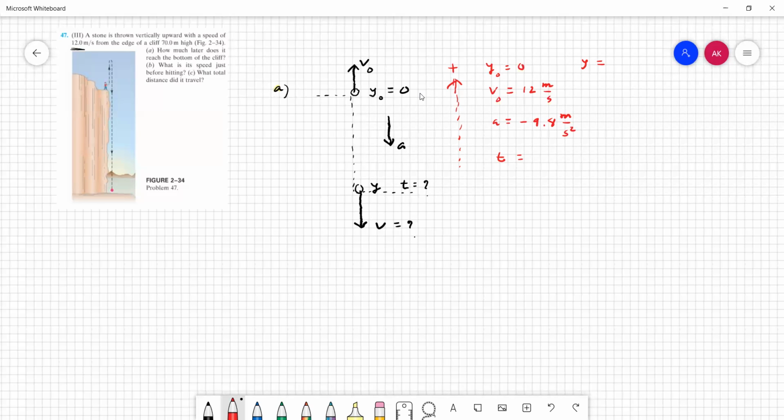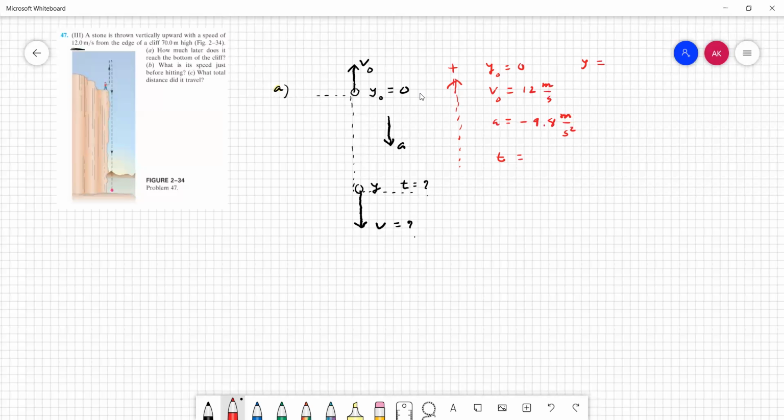Note again, y is position, so it's not just plus 70 or minus 70. Which direction have we taken positive in our coordinate axis? Upward. What's the direction of the displacement of the object, downward or upward? Downward, because initially the stone was at the cliff, finally it is at the ground.